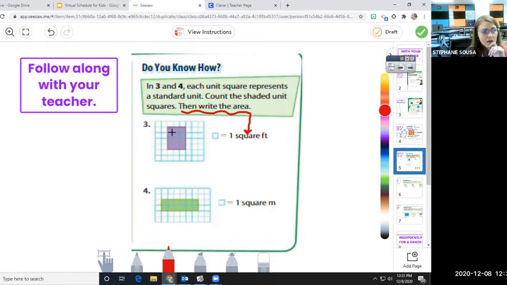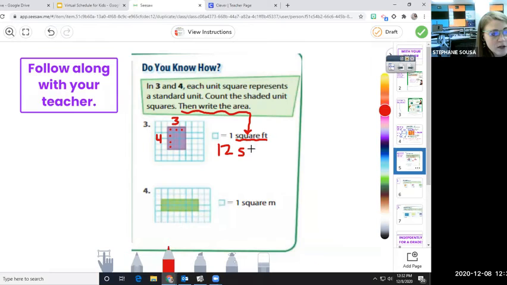Okay? Let's take a look here. I can see that I have 1, 2, 3 square feet as my length, and I have 1, 2, 3, 4 square feet as my width. I know the area is multiplying 3 times 4. So 3 times 4 gives me an answer, a product, an area of 12, but I have to have my label.